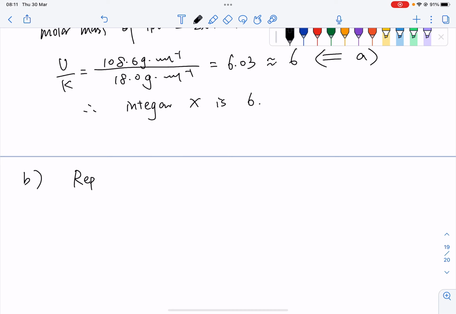Firstly, repeat heating the solid, and also check that the mass is unchanged.